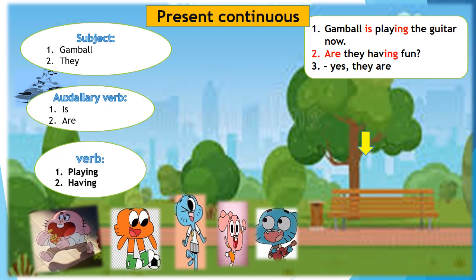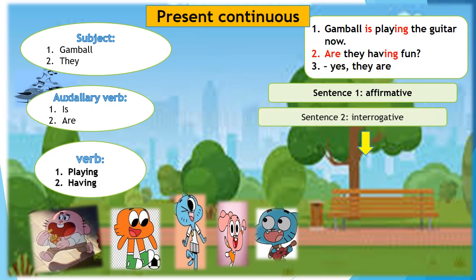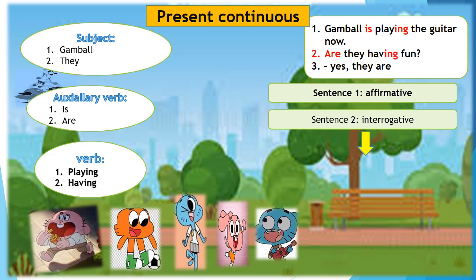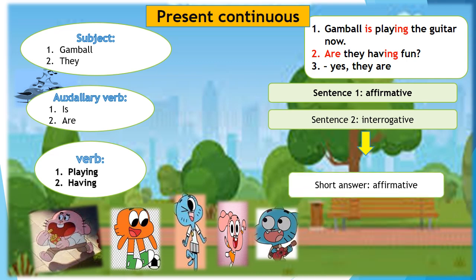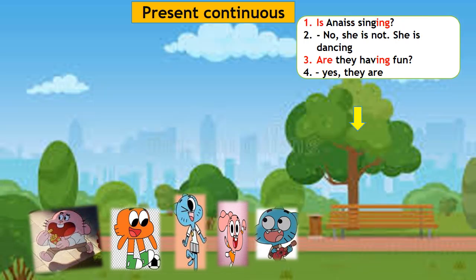So what is the difference between 1 and 2? The first sentence is affirmative. The second one is interrogative. In interrogative form, we usually have short answers. Like in number 3, it is affirmative.